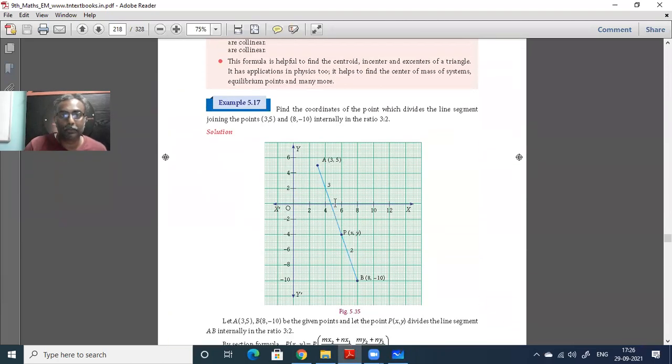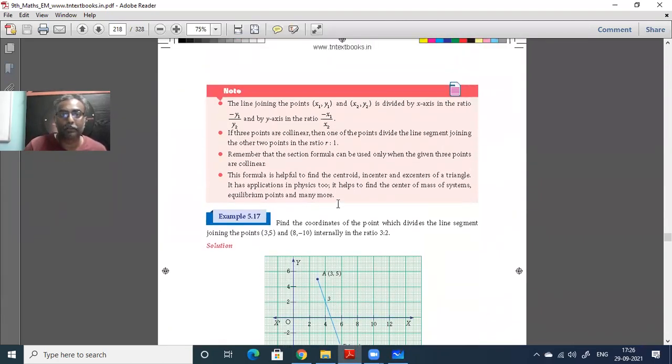See, something is being told here. If 3 points are collinear, then one of the points divides the segment joining the other 2 points in some ratio. If A, B, and C are collinear, then what will be the truth?